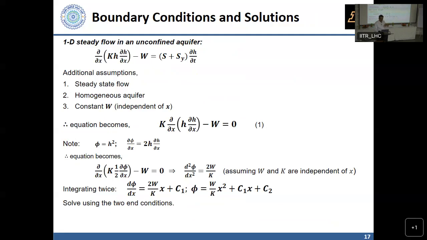Then that would be our solution for phi, which we know to be h squared. Of course, once we know phi, the square root of phi would give us the height of the water table in this case. And then we would basically do these kinds of simple problems using this particular kind of strategy. Any questions?